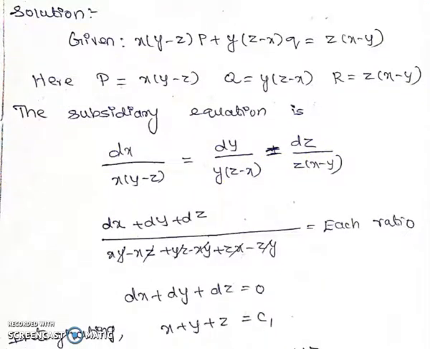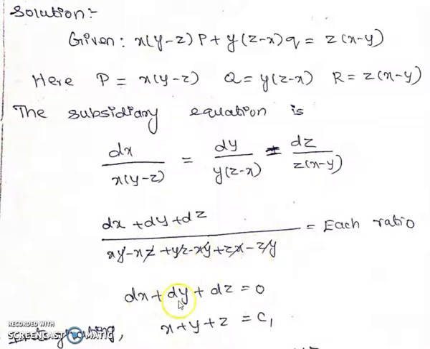Here we can't combine any two terms because we can't directly cancel any term, so we can't directly integrate. Therefore we have to add the numerators separately and the denominators separately. If you add the numerators, dx + dy + dz, over the denominators xy − xz, yz − xy, zx − zy: xy minus xy cancels, minus xz plus xz cancels, plus yz minus yz cancels.